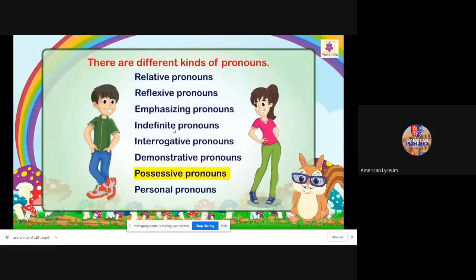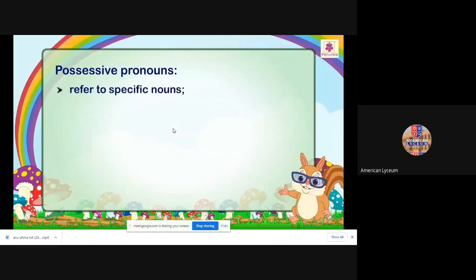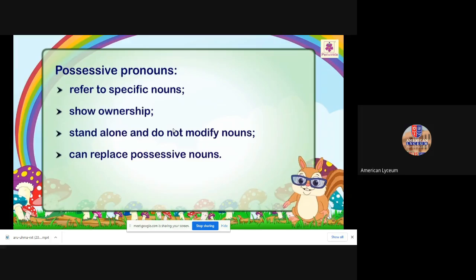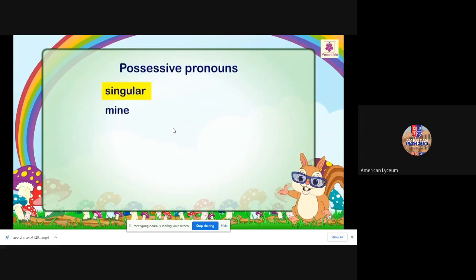Possessive pronouns. Possessive pronouns refer to specific nouns. They show possessiveness and ownership, stand alone, and do not modify nouns. They can replace possessive nouns. The possessive pronouns mine, yours, hers, his, its refer to the singular form.